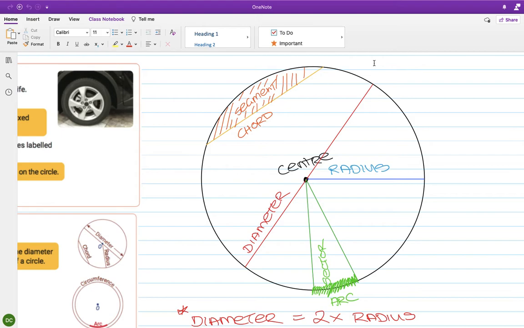Have I forgotten something? Oh, okay, I have forgotten something. Hang on, I'm loading again here. The only thing I think I've forgotten is the bit around the outside.